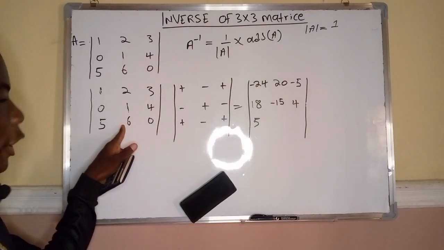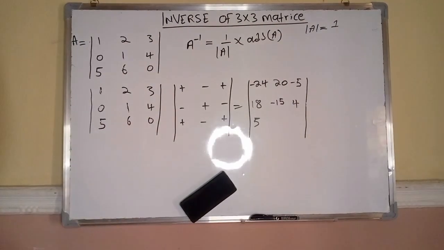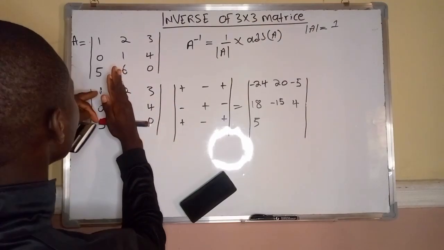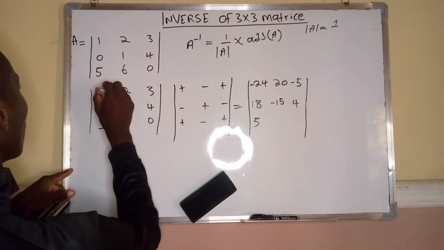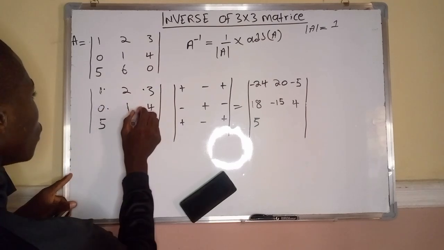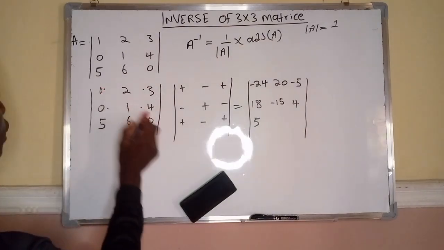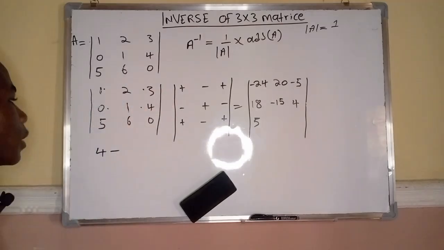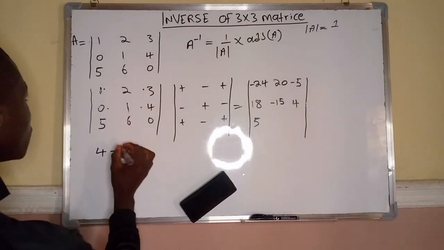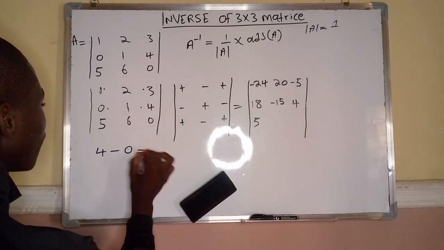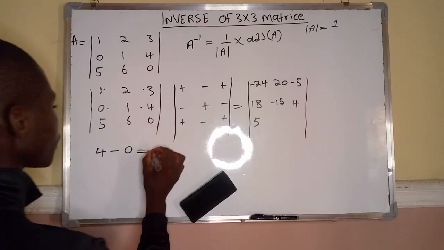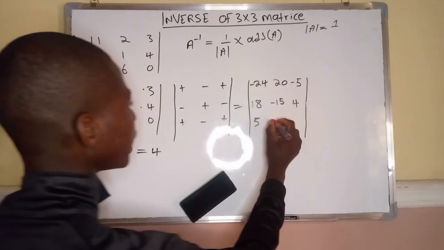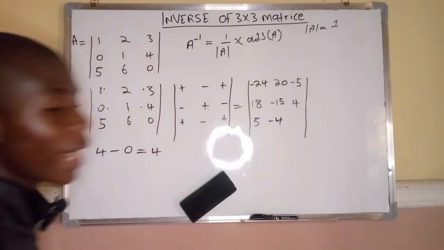So let me find the minor of 6. I will delete this and this. I'm having 1, 1, 3, 0, and 4. 1 multiplied by 4 is 4, minus 0 multiplied by 3, which is 0. So it is equal to 4. Therefore, 4 multiplied by the negative sign is minus 4.